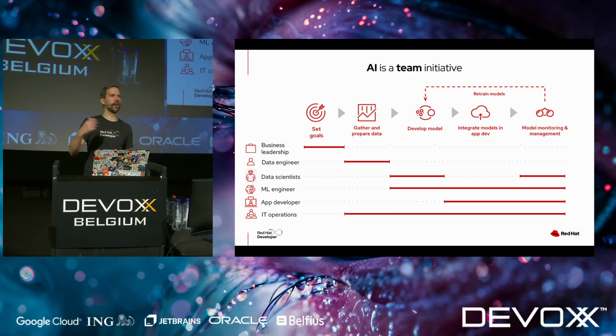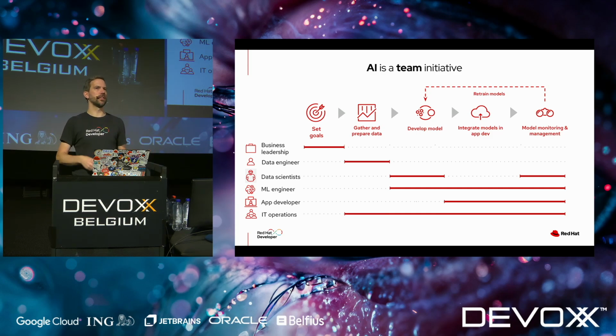They will develop the models, train the models, tune the models, and then they also need to have some insights into monitoring and managing. The ML engineers, they set up a platform because a data scientist can work on their laptop for a little bit, but it'd be nice if we can collaborate together as a team. And then, of course, let's say the more traditional application developer, they want to use these AI models in their systems, and that's how we can actually get value out of it.